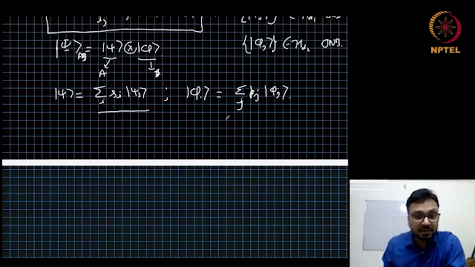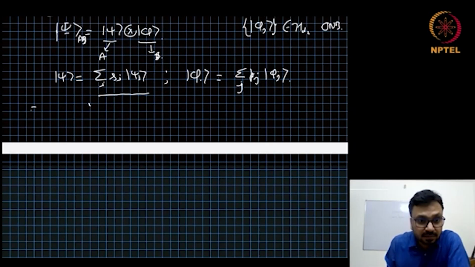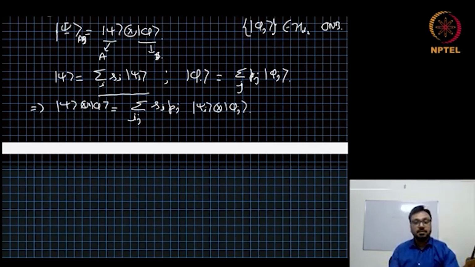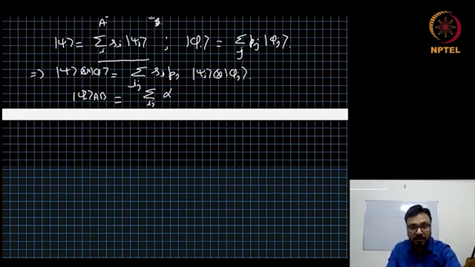Now this product psi tensor phi will be sum over ij of si pj psi i tensor phi j. But we are given that this state psi is sum over ij of alpha ij psi i tensor phi j.